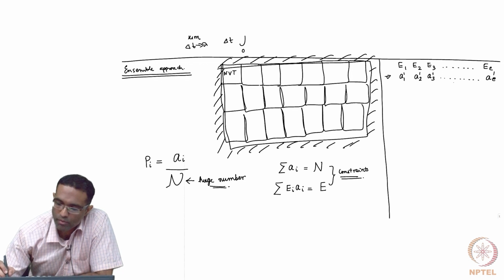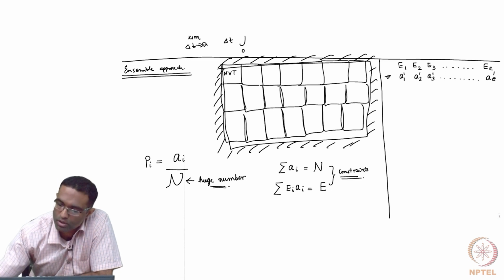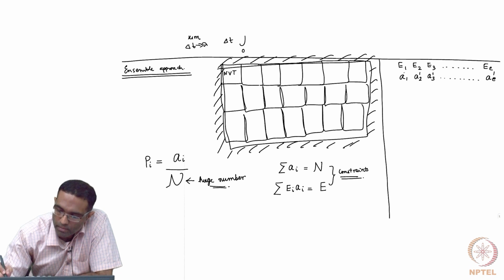So, this is one way the system can have some energy distribution. There can be a certain number of systems at energy E1, a certain number of systems at energy E2 and so on. We will call this distribution the A1 distribution.